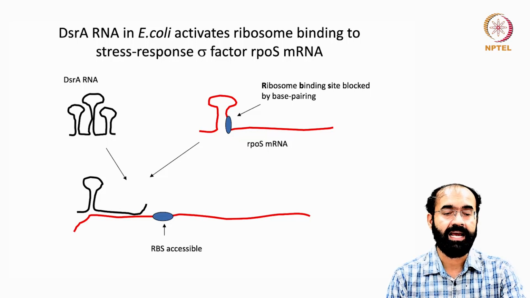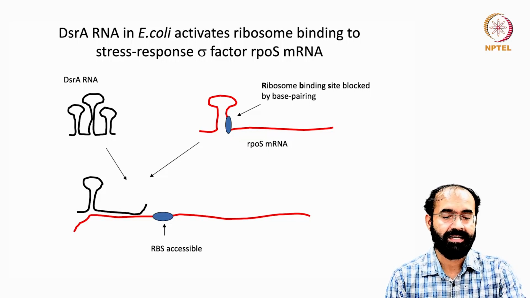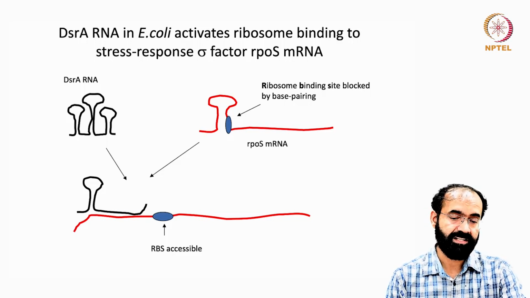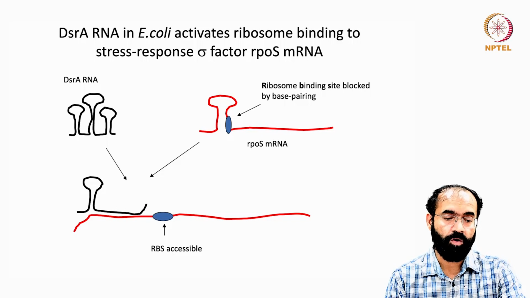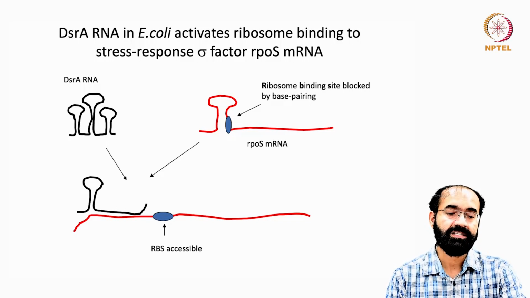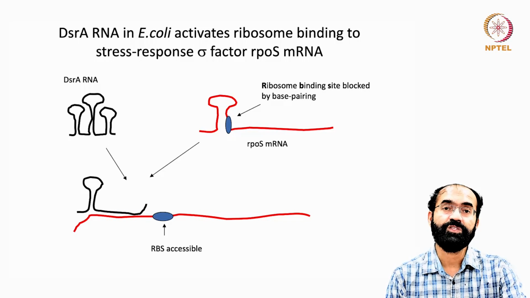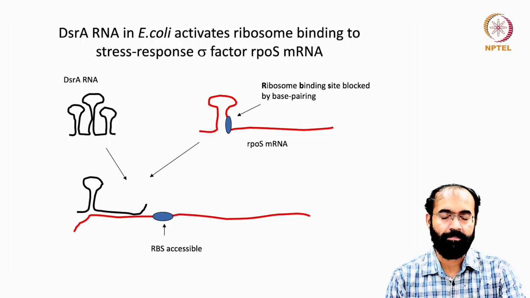If DsrA RNA comes into the picture, then this rpoS RNA pairs with it and it blocks this secondary structure formation, because it is now opened up and pairing with this DsrA RNA, which will expose the ribosome binding site.